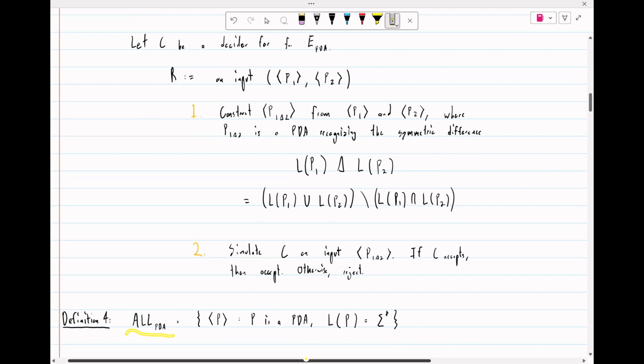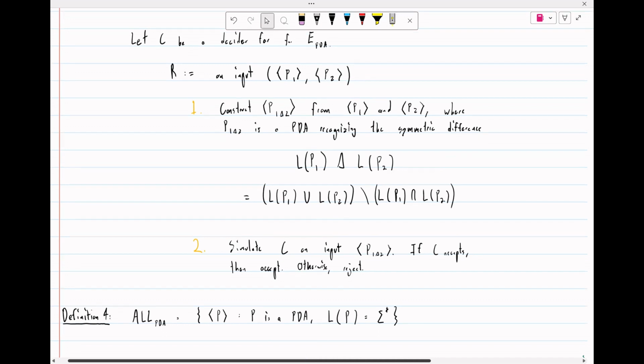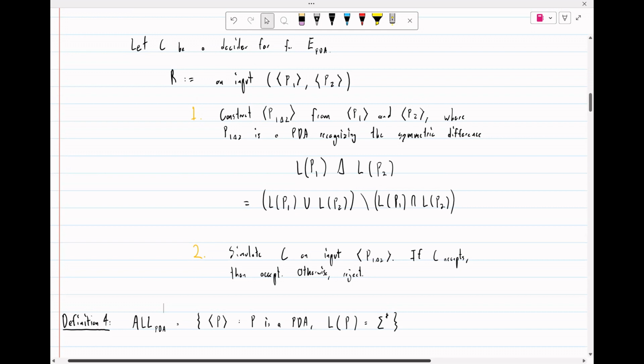Now we really see a concrete illustration of how crucial it is that PDAs aren't closed under complementation, the way DFAs and TMs were. So even though we showed the emptiness testing problem for PDAs to be decidable, which doesn't seem super different to this, right?